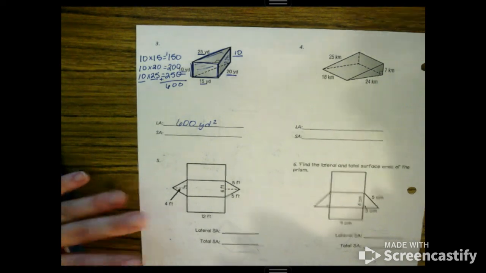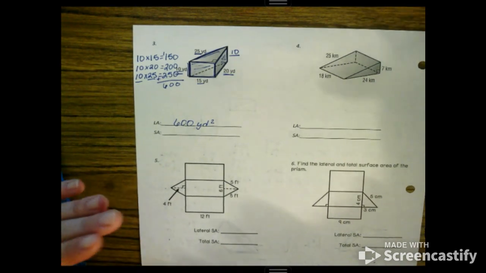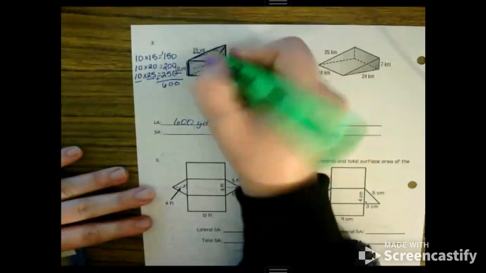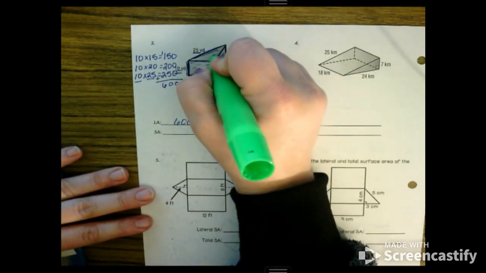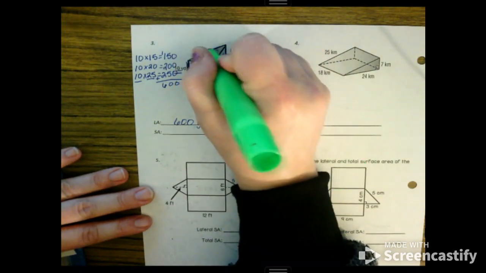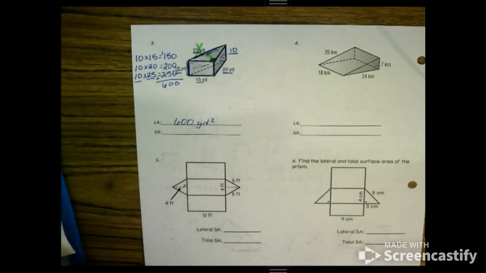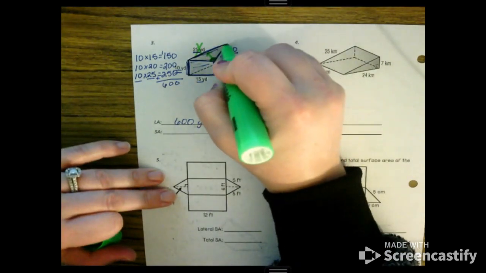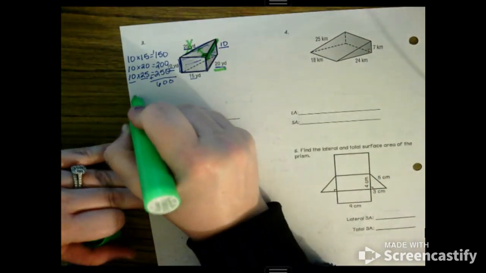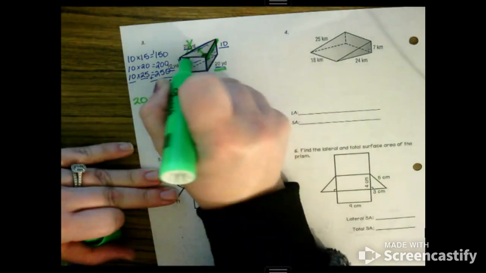Now I'm looking at my triangle. Yes, I have a right angle right here, right? Which means which side do I not use? I don't use the one right across from it, so I don't use 25. So what measurement is this right here? 20. Okay, so I'm going to do 20 times this one.